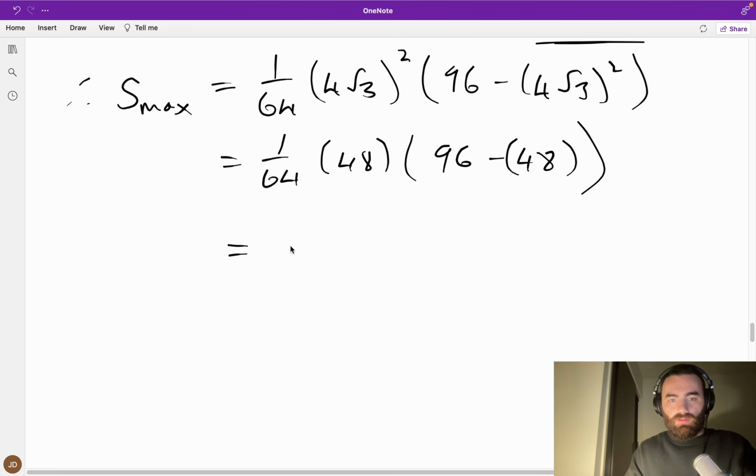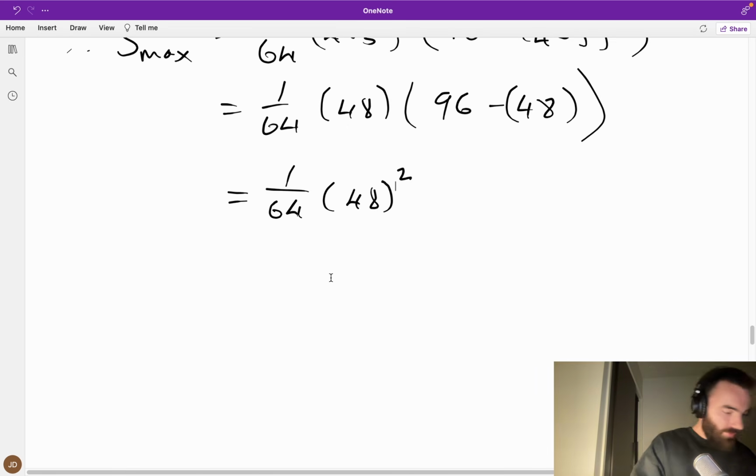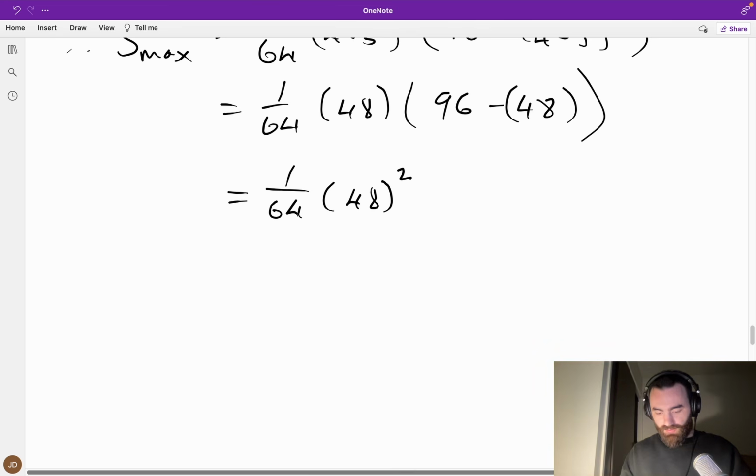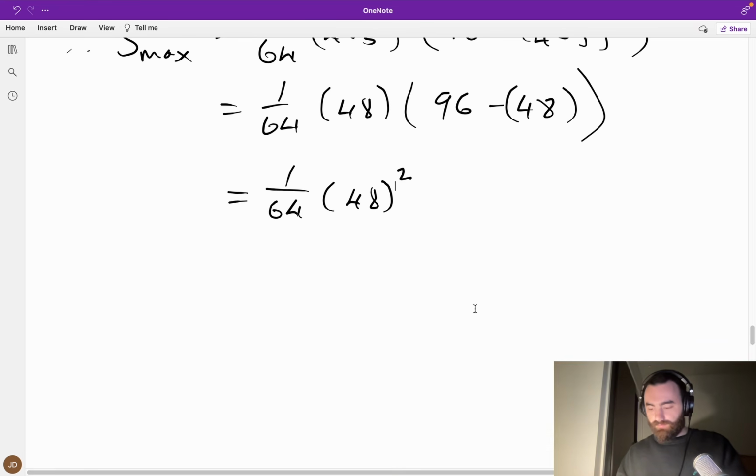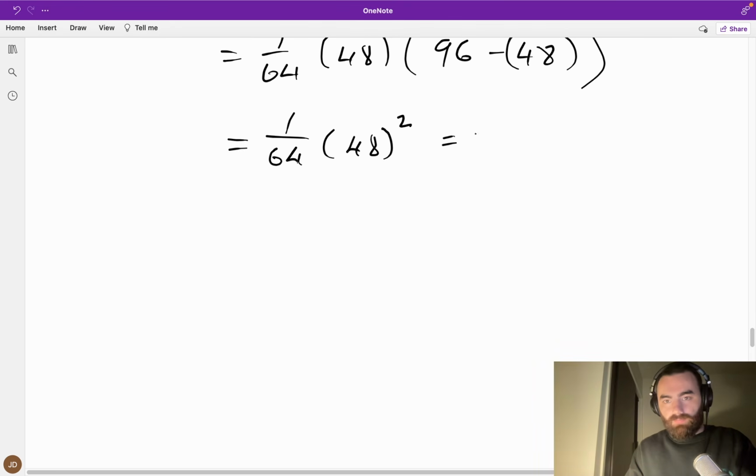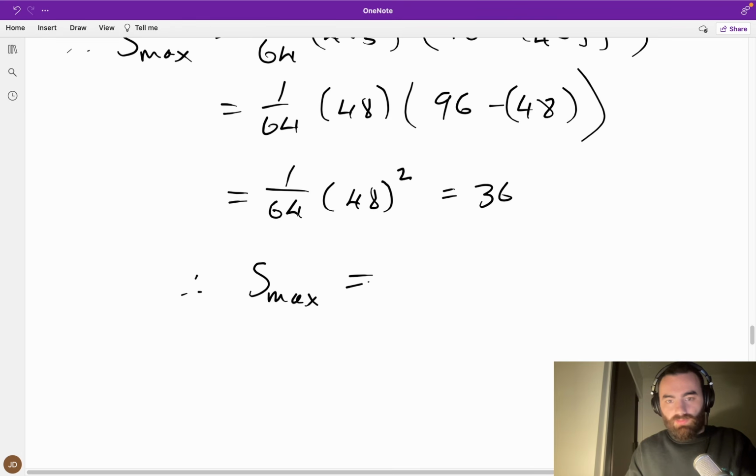So it's 1 over 64 times 48 squared, which gives 36 meters. So therefore the maximum displacement of the particle is 36 meters.